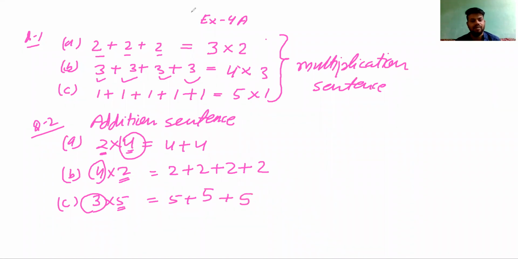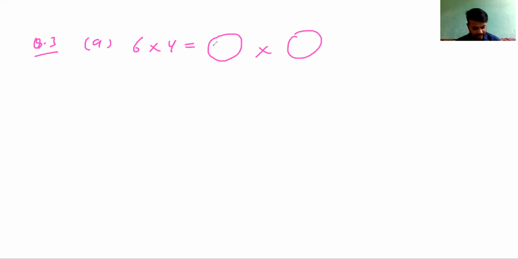Now, question 3. Question 3 says using order property of multiplication, complete each sentence. For example, in the first part, 6 into 4 is equal to, you have to fill in the blanks.